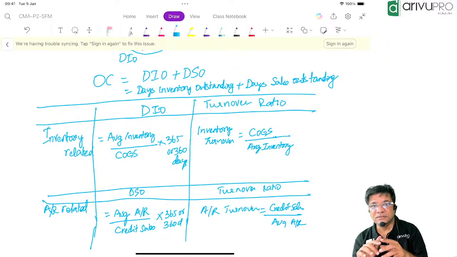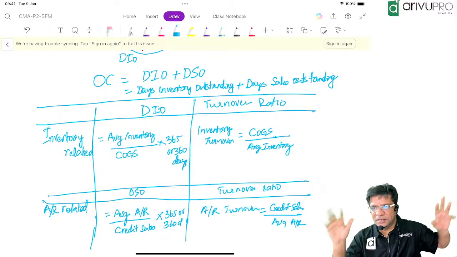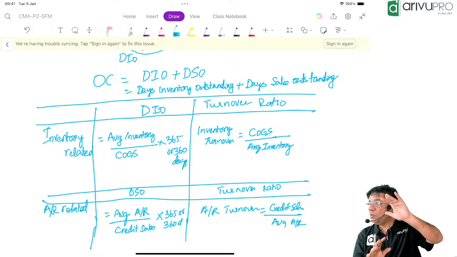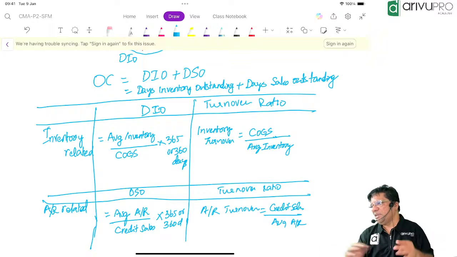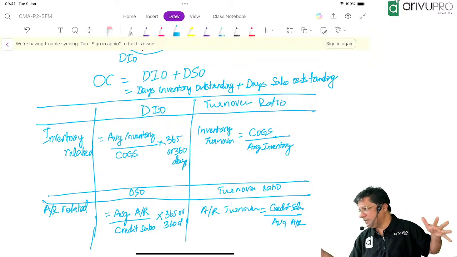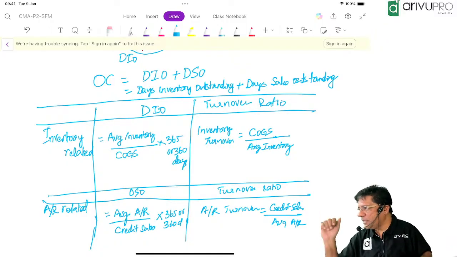Before I start, you now got the idea. We struggled at the start of the session today with 5.29 being high. Inventory is high, AR is high, not good, you all said. Why is inventory high?